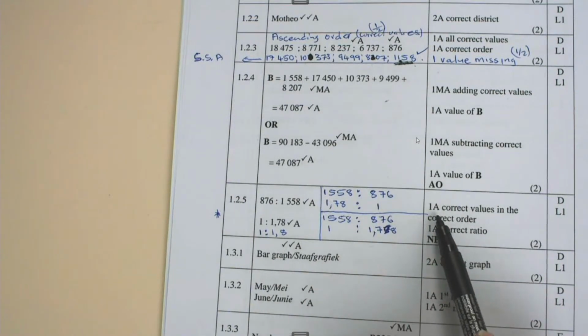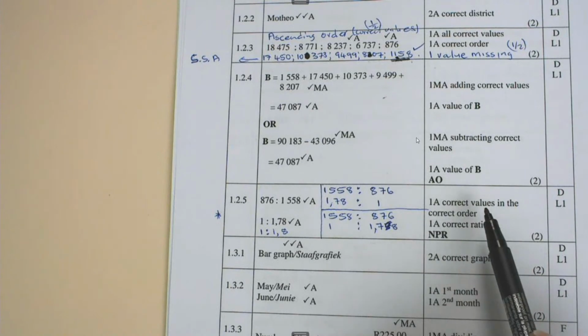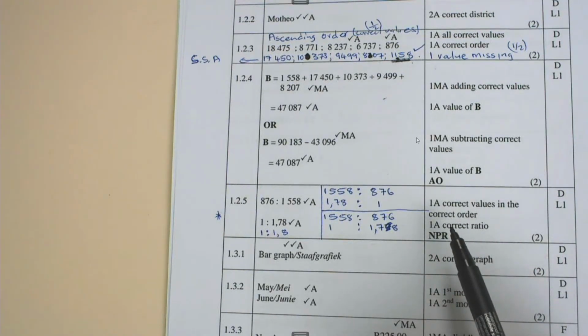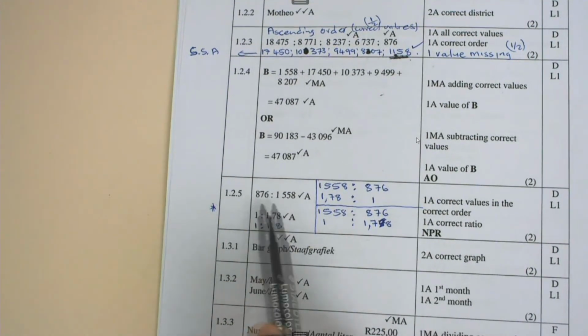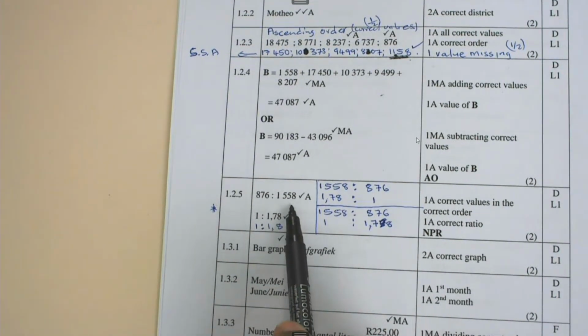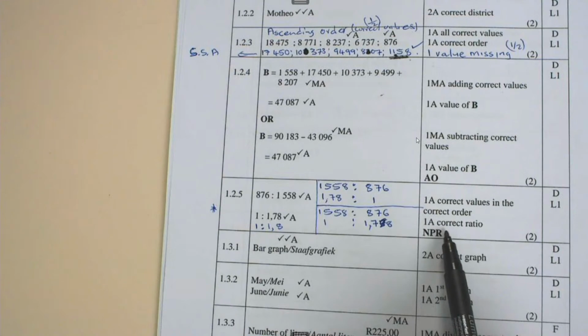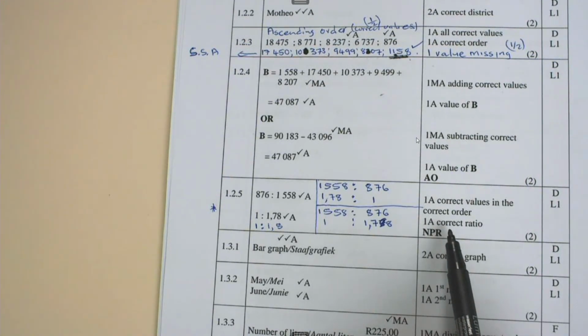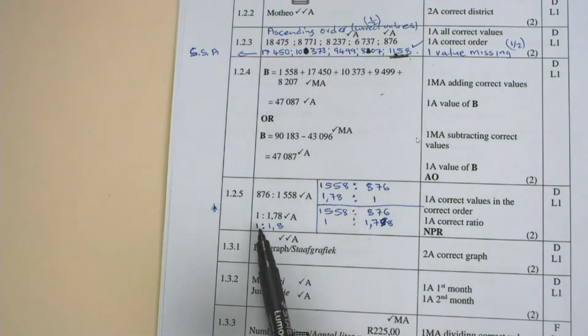Now let's look at the allocation of marks. It's 1 accurate mark for correct values in the correct order. Correct values in the correct order, then you give a mark. And then the last mark is an accurate mark for the correct ratio, and the correct ratio is 1:1,78.